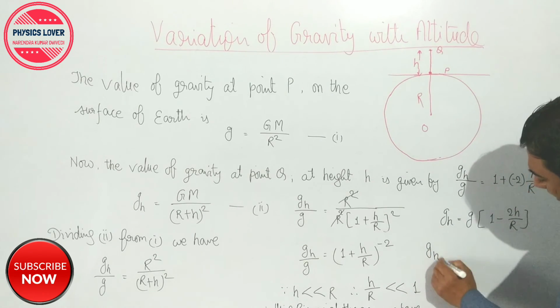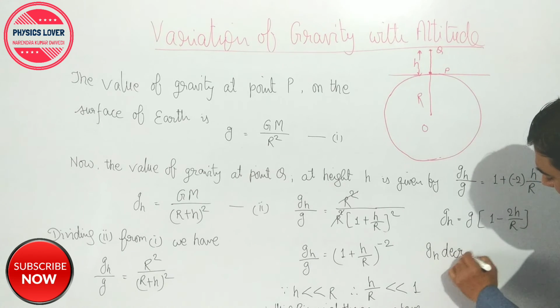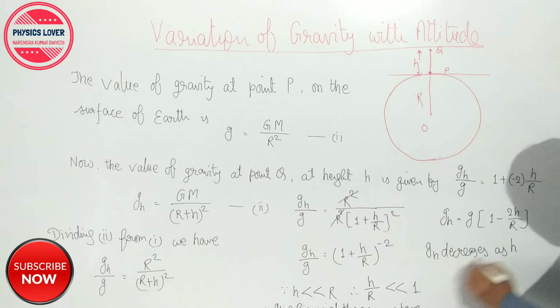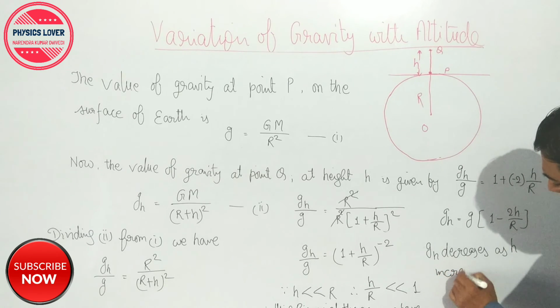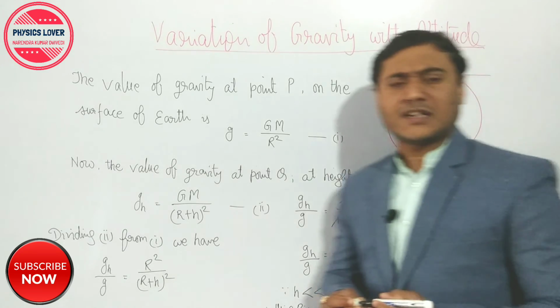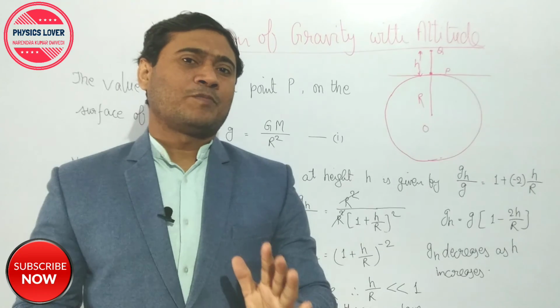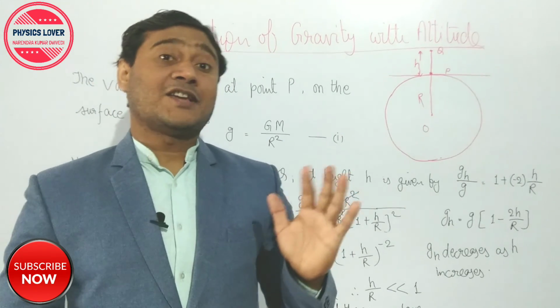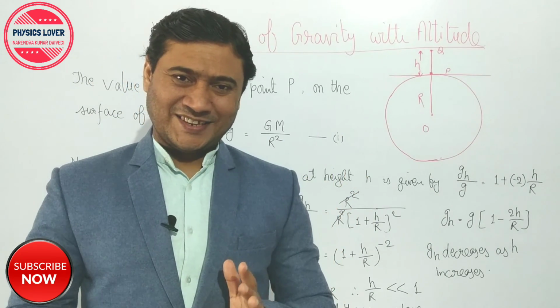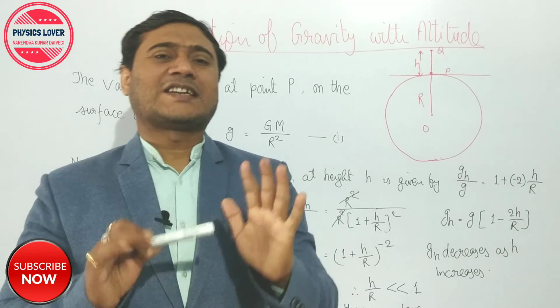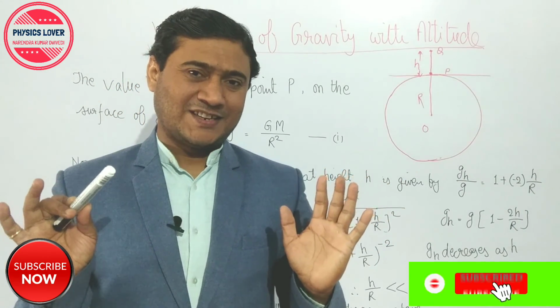That g_h decreases as H increases. So it's now very clear that gravity is maximum if the body is lying on the surface of the earth. Moving above the ground from the surface, gravity decreases. Right?